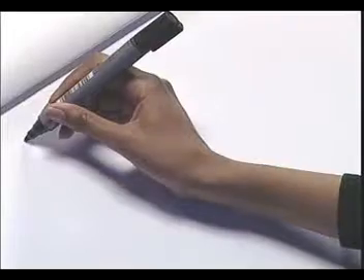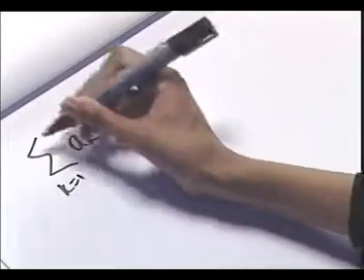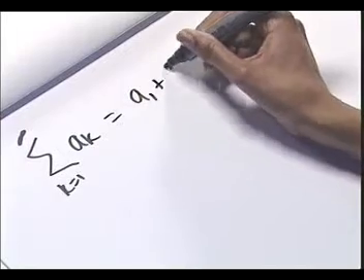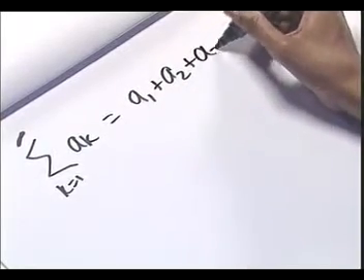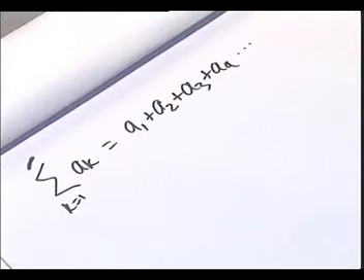If we have a general series like a_k, from k equals 1 to infinity, so that's just the series a1 plus a2 plus a3 plus a4 and so on, we say that this series has a sum if the nth partial sums converge to a limit.